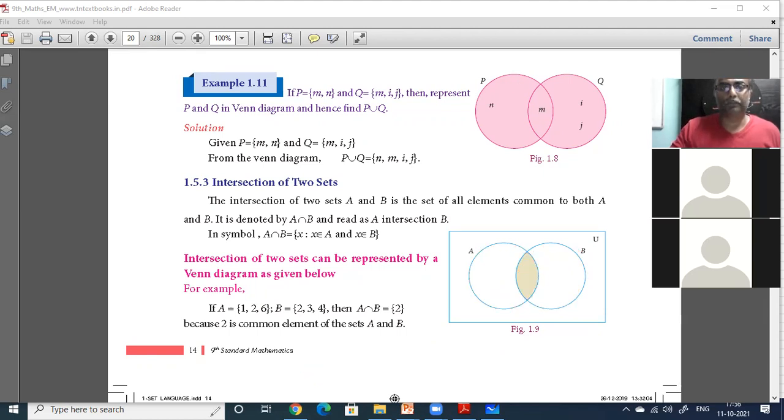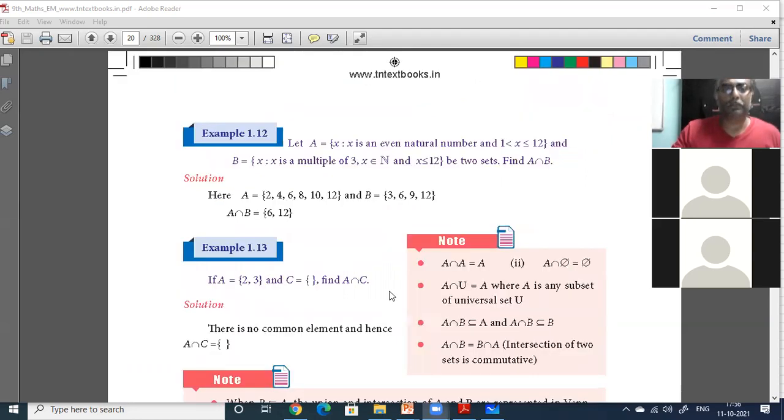Okay, let us go on further. Union we found out, intersection now we found out. Example 1.12. Let A equal the set of x such that x is an even natural number.